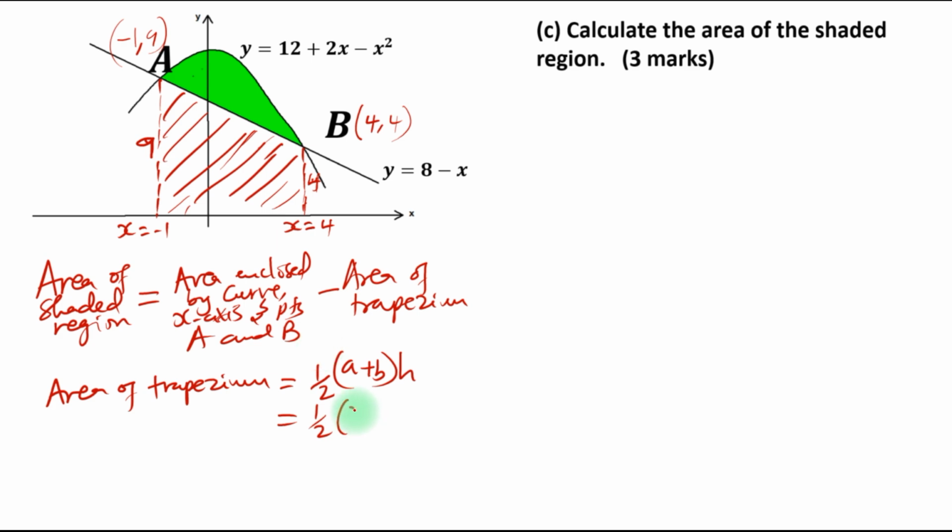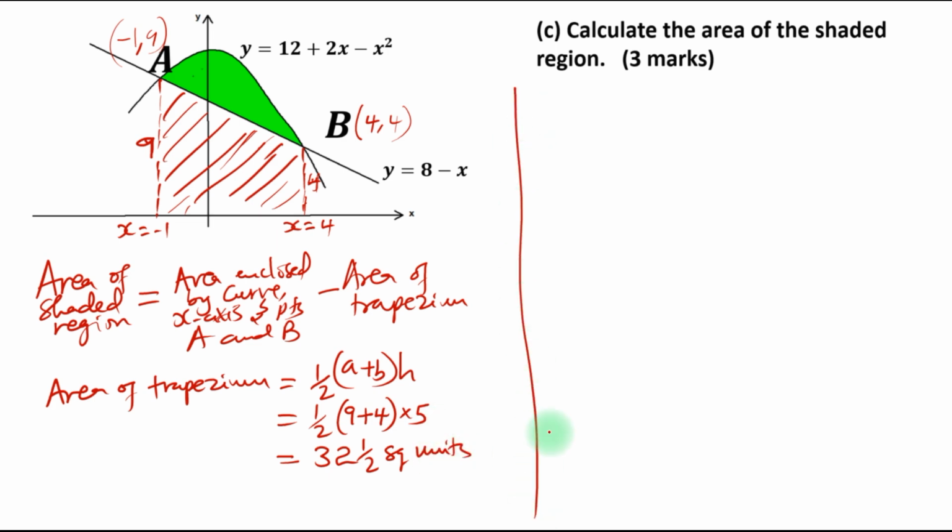So a half, a plus b, that is 9 plus 4, and in our case the height is the difference, the range, 4 minus -1, that will be times 5. So we end up getting 32 and a half square units.